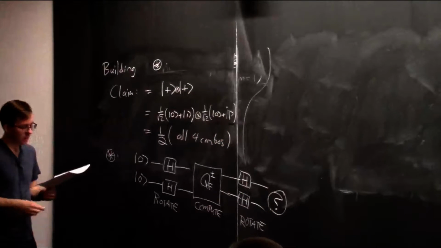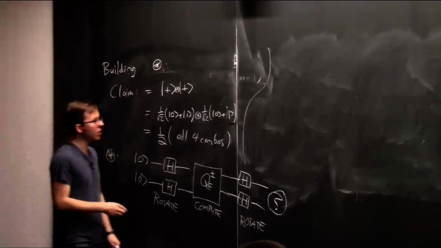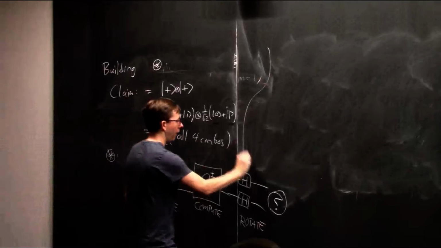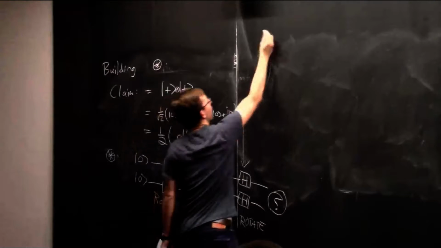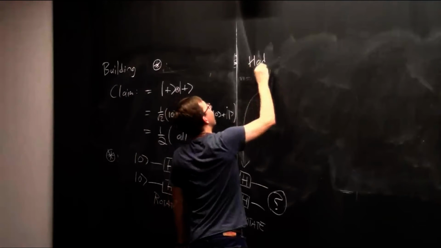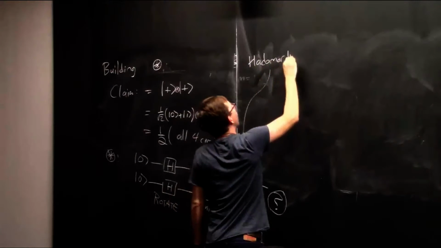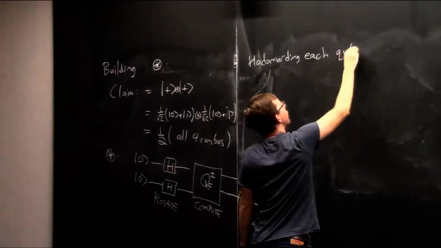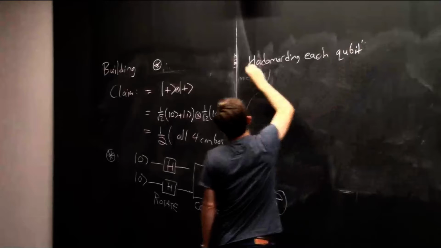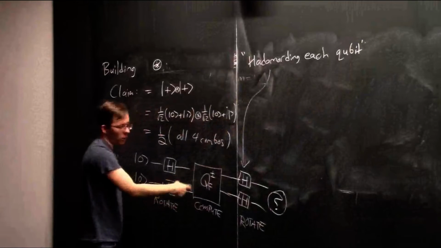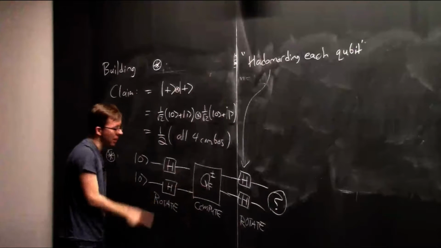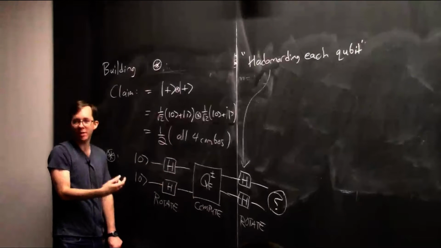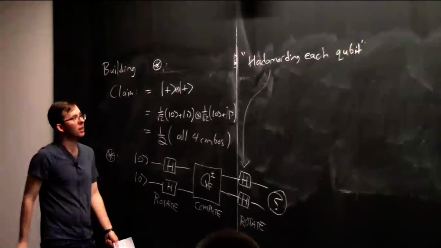I should mention that this action right here of Hadamarding each qubit is a very powerful action in quantum computing. In fact, the rest only has quote unquote classical gates like NOTs and C-swaps. This is the only part of the circuit that's really quantum, that produces superpositions, these little Hadamard gates.